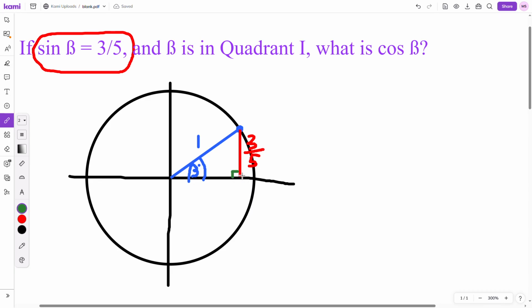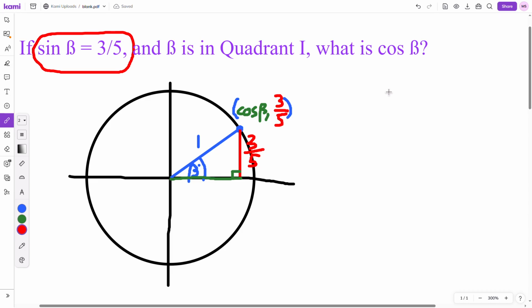We know that this is a 90-degree angle, so this is a right triangle. Then this green side here would be the cosine, right? If we have the coordinate on the unit circle, cosine is on the left, sine is on the right. The cosine of beta is on the left, and the sine is the value on the right, and we already know that's 3/5.